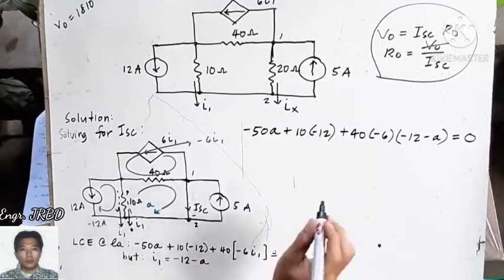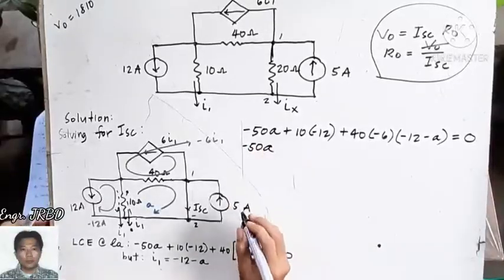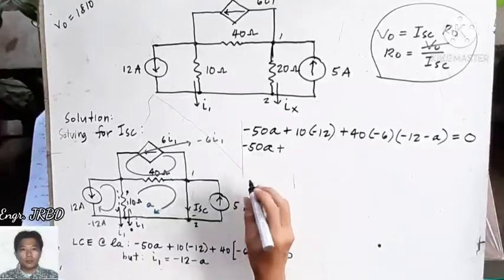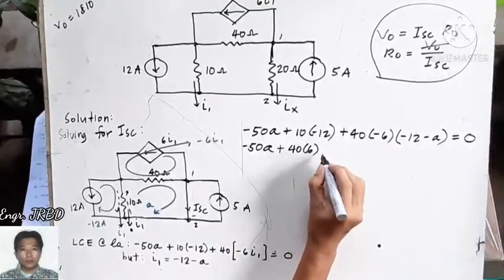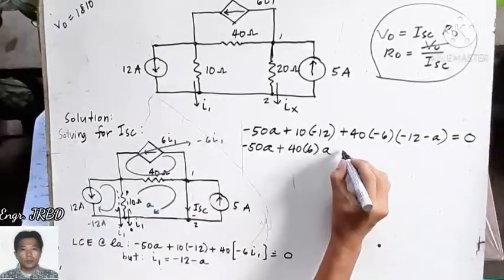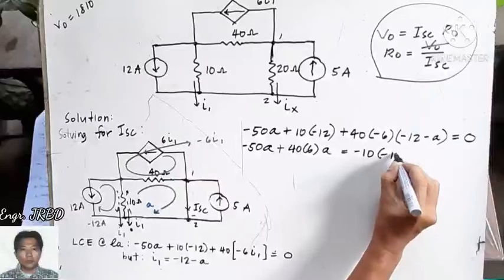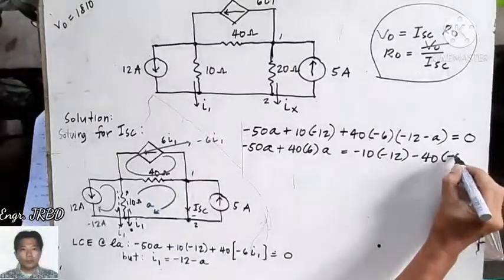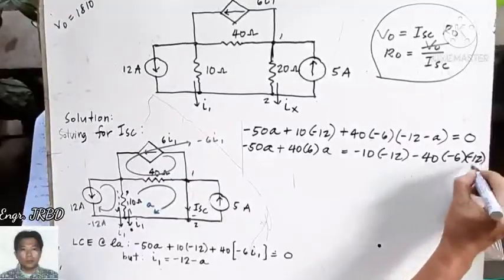So if we try to distribute negative 50A plus 40 times 6 times A, and this is negative 10 times negative 12 minus 40 times negative 6 times negative 12. Correct?